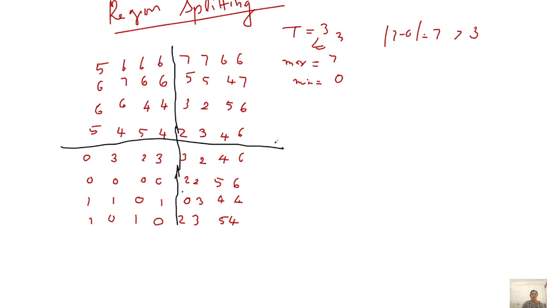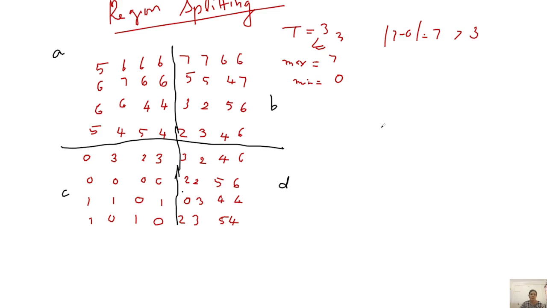Okay, now I'm going to give these names: A, B, C, D. Now I have to check the region A.